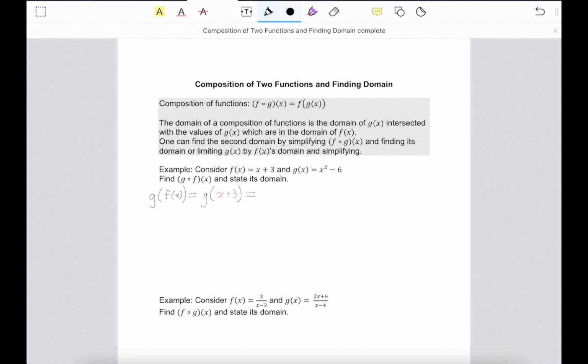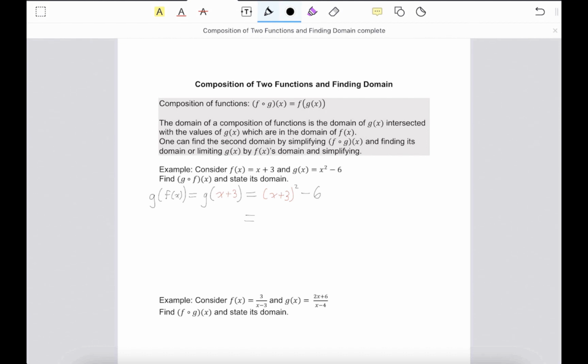Now, wherever we see x, we replace with x plus 3 in this function here. So we'll take x plus 3 and square that, minus 6.